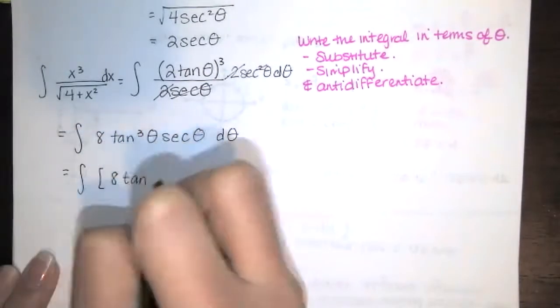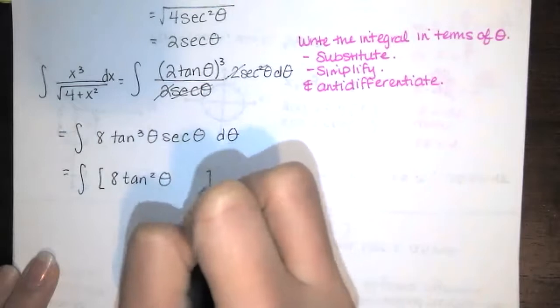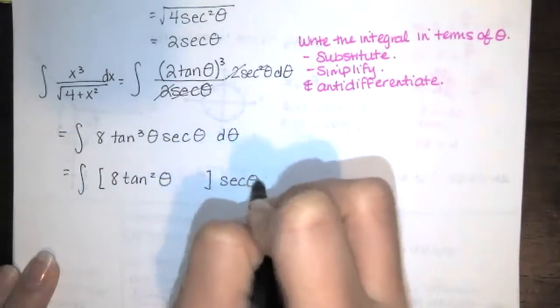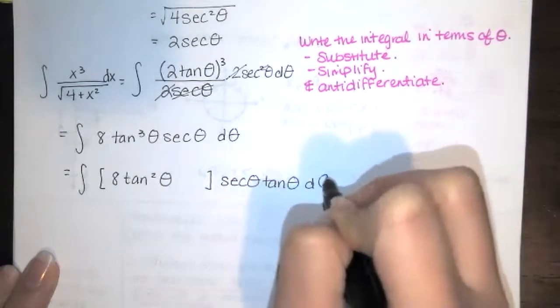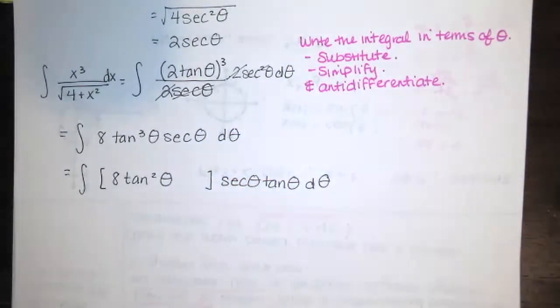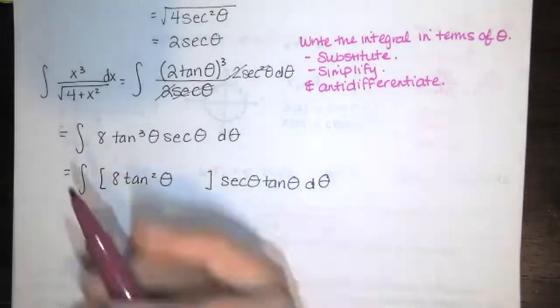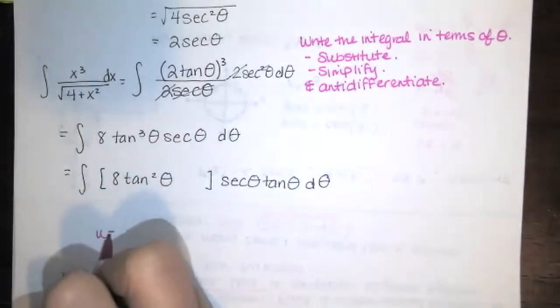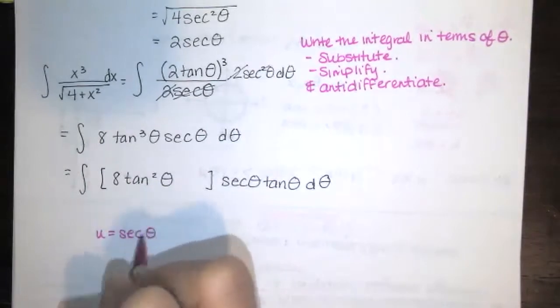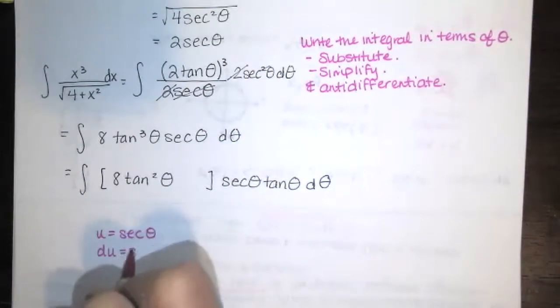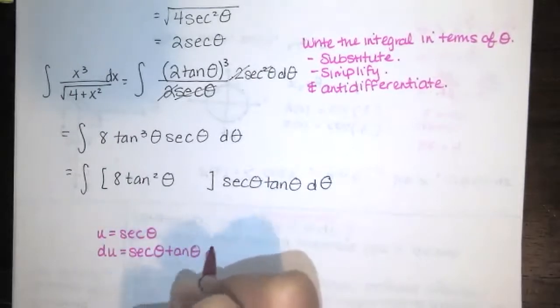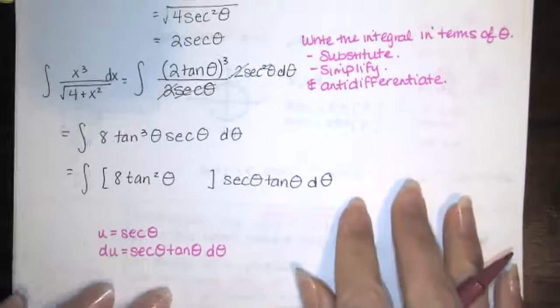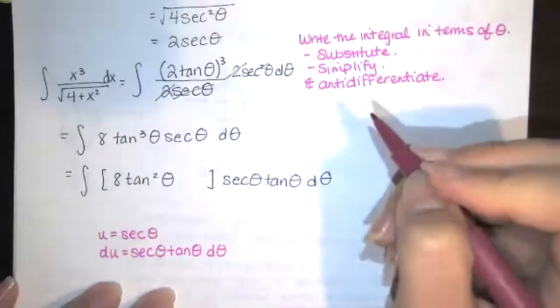So I'm going to factor out a secant of theta times tangent of theta for du. And we're going to let u equal secant of theta. And du, in that case, is secant of theta tangent of theta d theta.